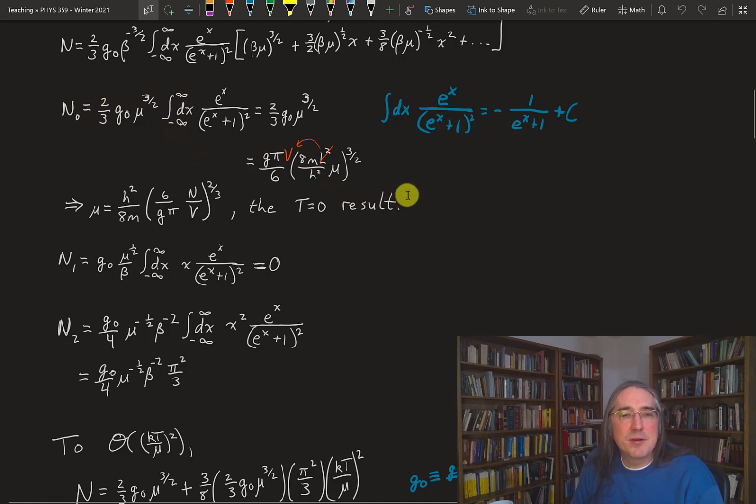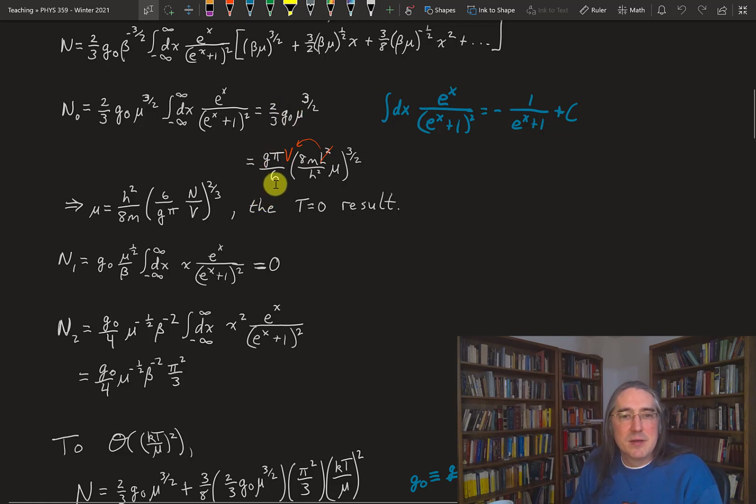And now I'm going to step back and remind us of what G0 is, because it's going to allow us to rewrite things in terms of the Fermi energy, which is the physically meaningful thing. That's what we want to think in, right? We don't necessarily want to think in G pi over 6, okay? Or G0, which is sort of extra nebulous. So when we re-expand this out in terms of what G0 actually stood for, right?